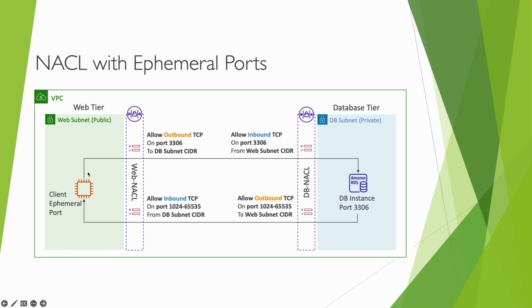Whenever we put in a request, it goes out from the subnet, which means it goes through the NACL. In the outbound rules, we need to define the port, saying that this particular subnet makes an outbound request to the database on 3306.